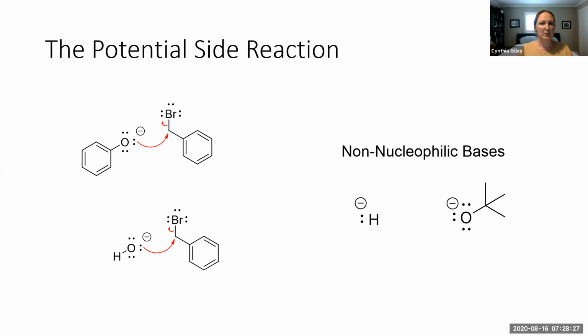It's not so much of a problem if you have a 1-to-1 mole ratio of the phenol and sodium hydroxide, because deprotonations are fast. So as soon as the sodium hydroxide is added, it's much faster for it to deprotonate a phenol, to do a proton transfer, than it is to do an SN2 reaction with any potential benzyl bromide around.